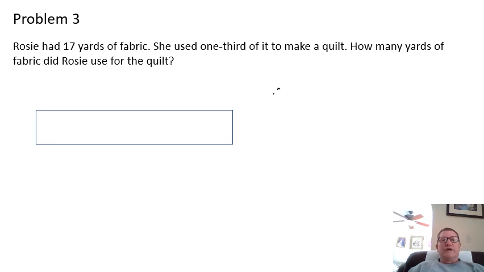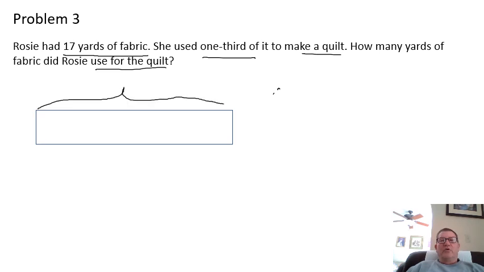On this one, Rosie had 17 yards of fabric. So I know this is important, 17 yards of fabric. She used 1/3 of it to make a quilt. How many yards does she use to make the quilt? Okay, so here is my total, which is 17 yards of fabric.